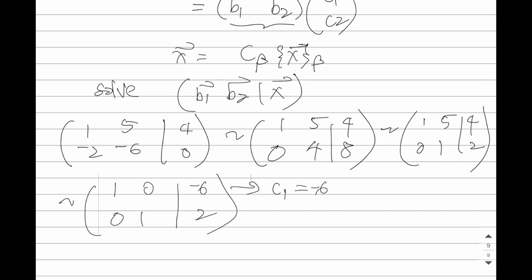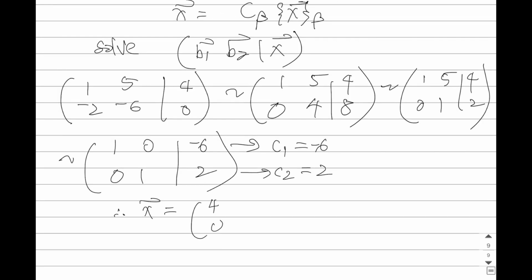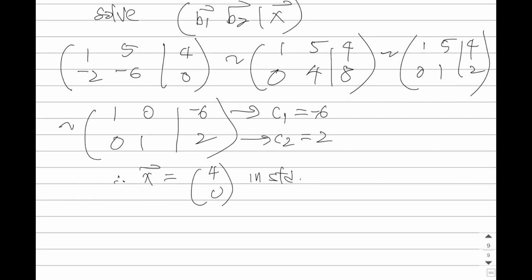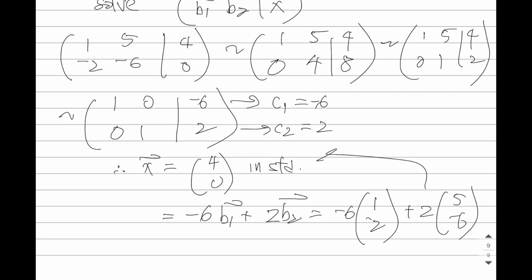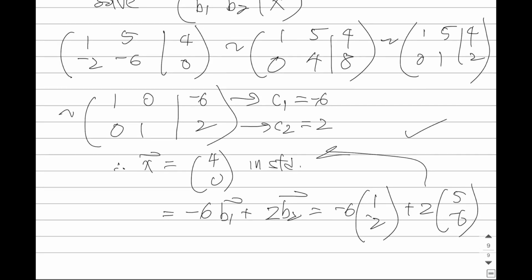So this vector, which is (4, 0) in standard basis, could be formed by saying take -6 B1, 2 bunches of B2. Now if you want to check, -6 times (1, -2), plus 2 times (5, -6), and it will in fact give you that.